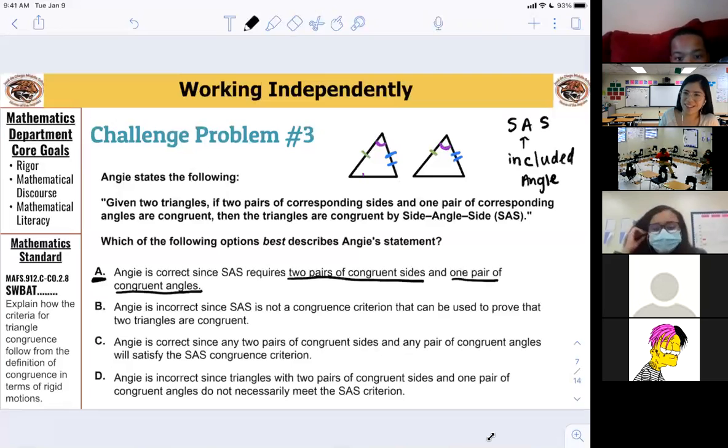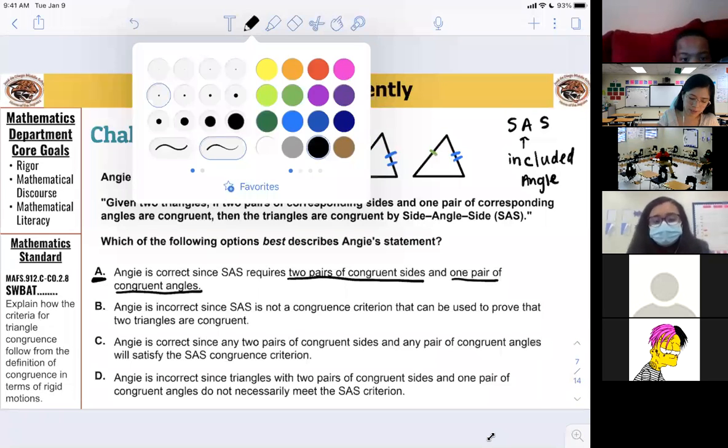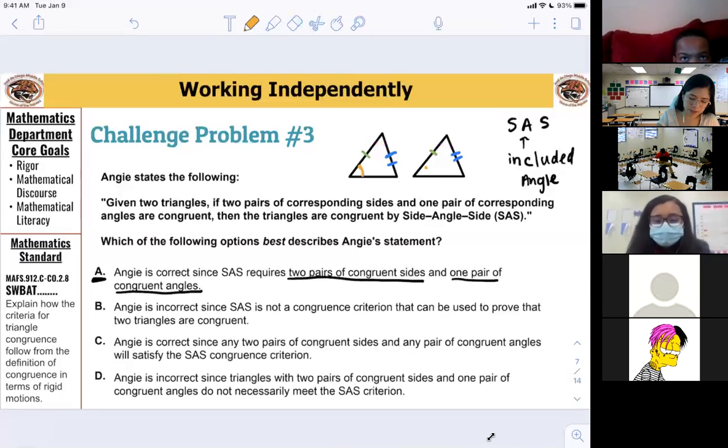Okay, it has to be the included angle, all right? If it doesn't say included angle, then you can't be sure, because it could have been any of these angles. It could have been this one, and that would not be correct. It could have been the other one, that would also not be correct.